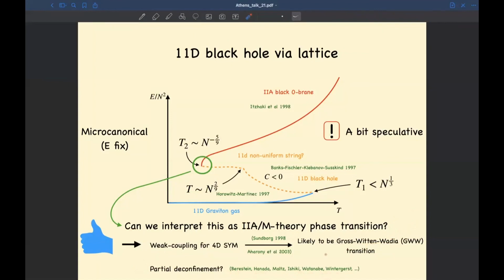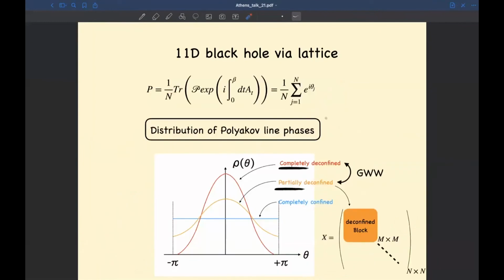Partial deconfinement can be understood as follows. The Polyakov loop can be written in terms of some phases, where these phases run over a compact circle. The way these phases are distributed on this line can be analyzed by this rho of theta function, where theta runs from pi to minus pi.